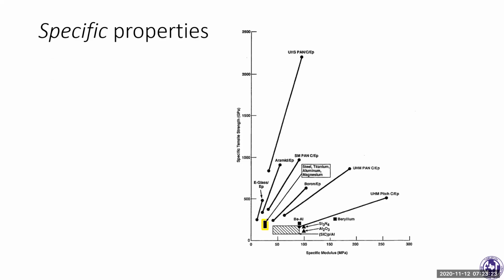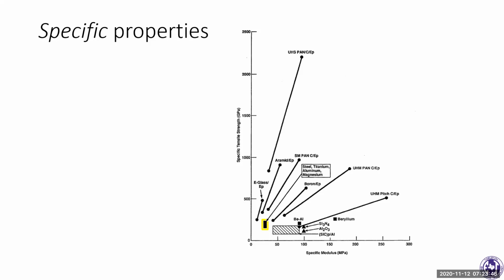As previously mentioned, composites are known for their strength and stiffness to weight characteristics. This chart shows a comparison of various unreinforced materials and composite materials. The specific tensile strength is on the vertical axis, and the specific stiffness or modulus is on the horizontal axis.